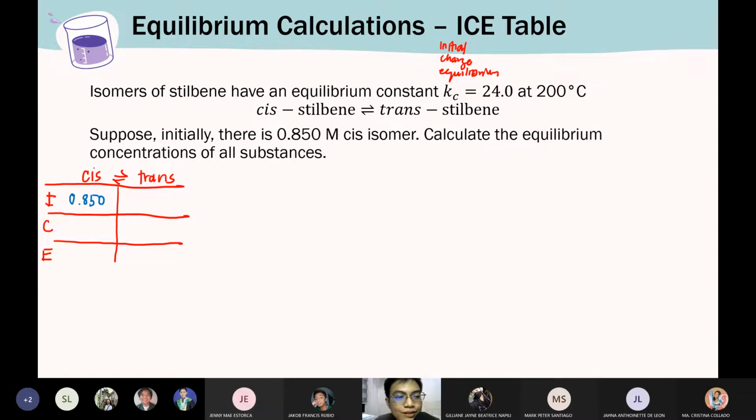So, yan yung cis, 0.850. May sinabi ba about trans? Of course naman, walang sinabi about trans. Yun lang yung nasa sentence. Kapag walang sinabi, you write 0 agad. Ganun lang ka-simple. Kung ano given, yun lang isusulat. Pag hindi sinabi, 0 yan.